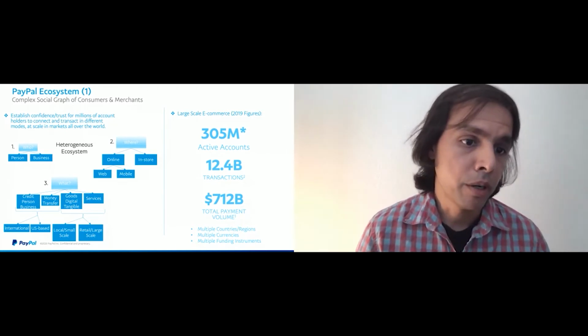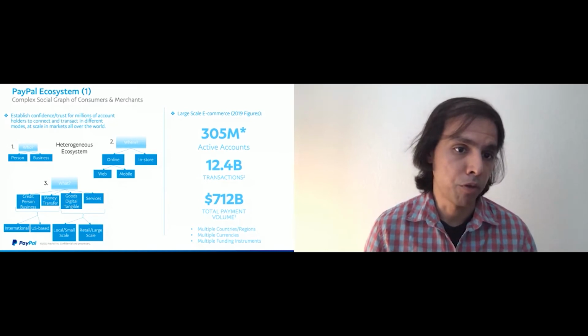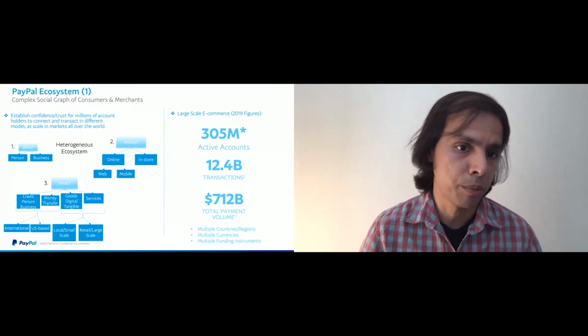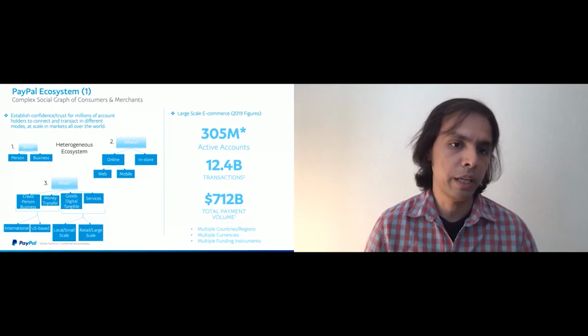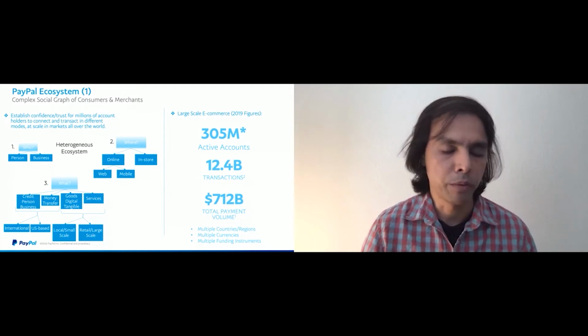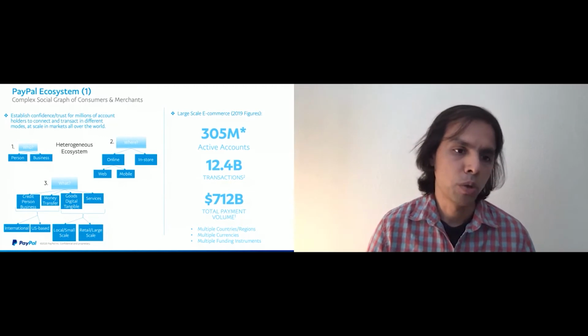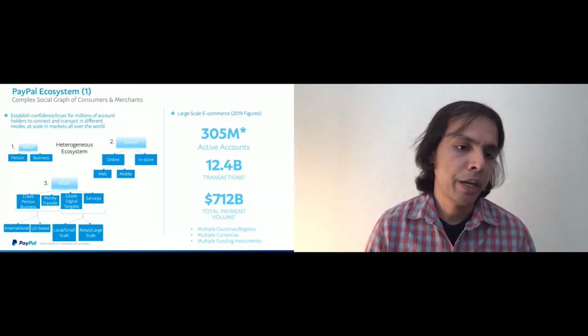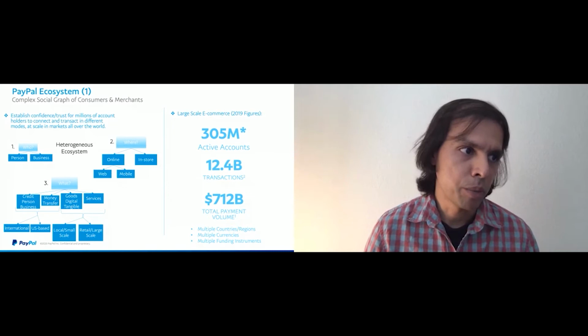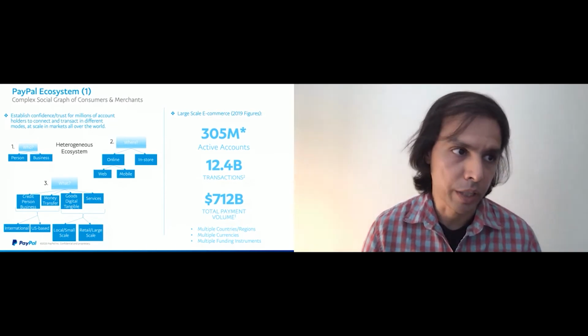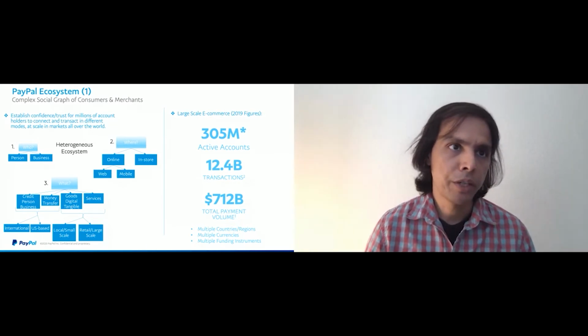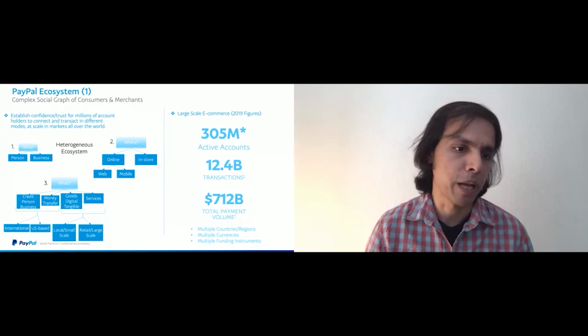You also have the platform on which the transaction is being performed. Is it online, on a browser-based system, or is it in-store? And then it could also be cell phone oriented. And then what are these people using PayPal for? Again, as I mentioned, there is a wide range of purposes for which people are using PayPal, including cross-border transactions. And across different countries, often different financial regulations apply as well.